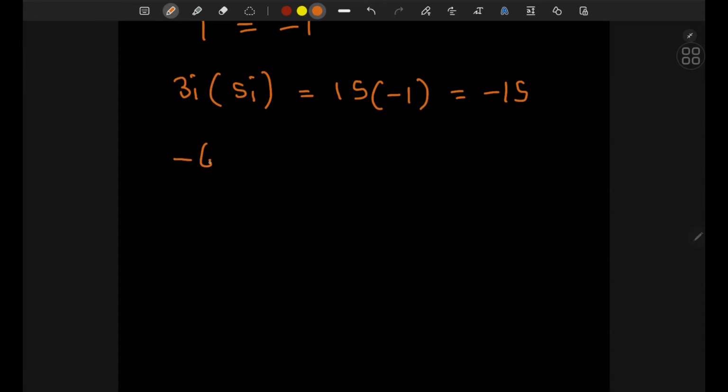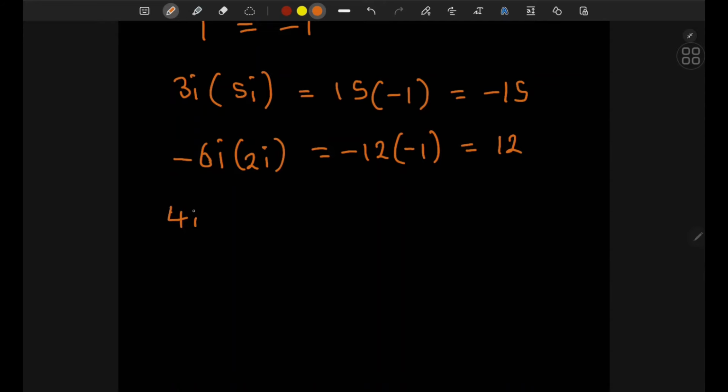Let's have negative 6i multiplying 2i. So here if we go with the numbers, negative 6 by 2, we'll have negative 12. Then i multiplied with i, we'll have negative 1, which is just positive 12.